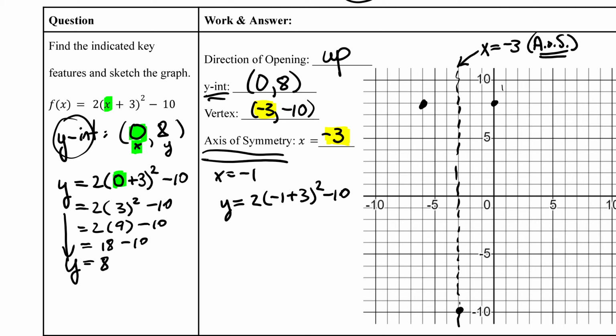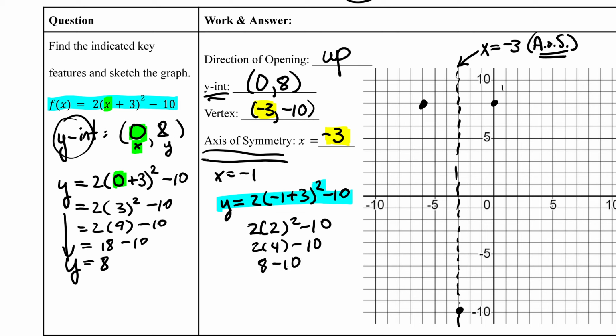I just recopied the equation with negative 1 in that place. Negative 1 plus 3 is 2, squared is 4. 2 times 4 is 8, minus 10 is negative 2. So when x is negative 1, y equals negative 2, giving the point negative 1, negative 2.